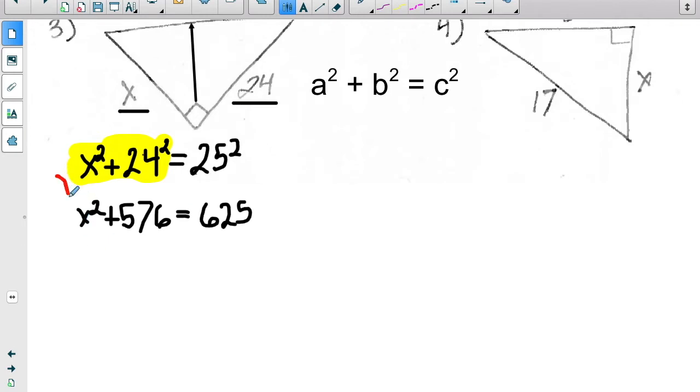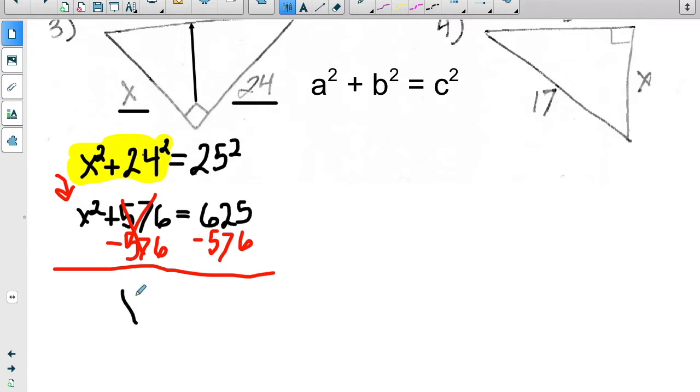Now again, we're still trying to find out what the value of x is. So I have to get it by itself first. To do that, we're going to subtract 576 from both sides. When we subtract 576 from both sides, these will cancel, leaving us with x squared by itself is equal to 625 minus 576, which will leave us with 49.